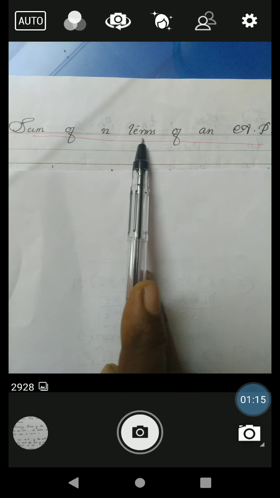Now we are going to learn about the sum of n terms of an AP. You can see here, sum of n terms, any number.